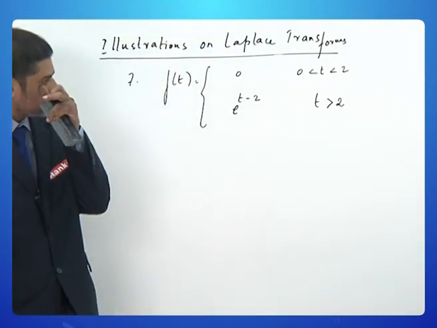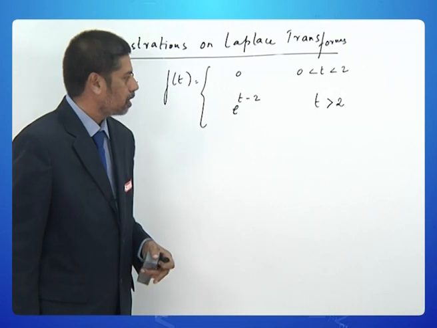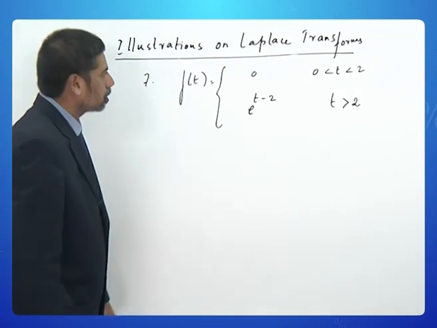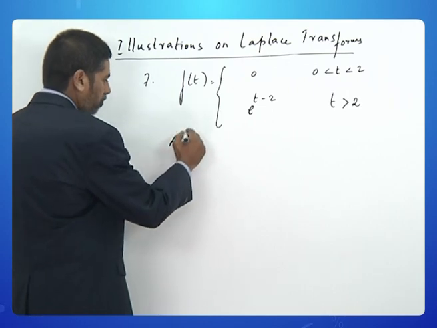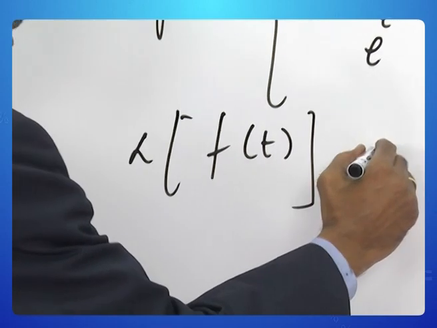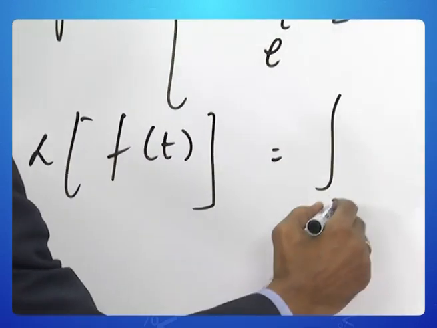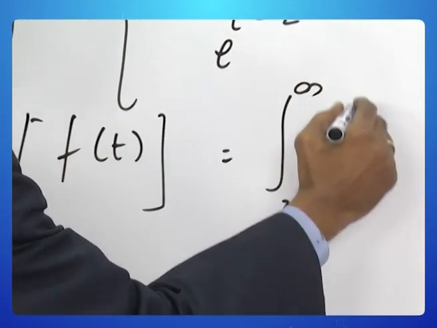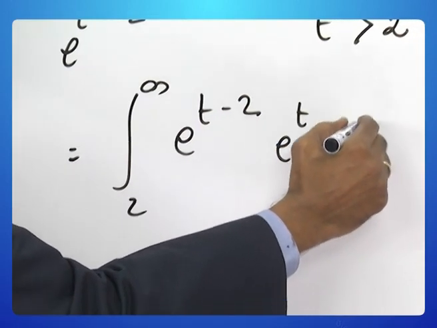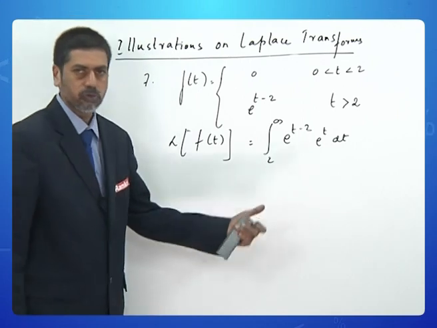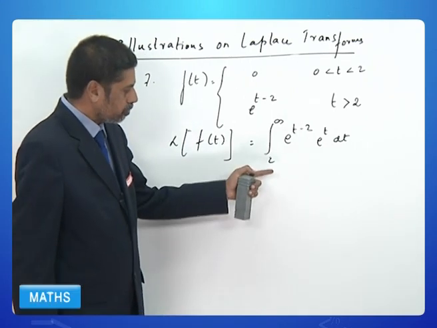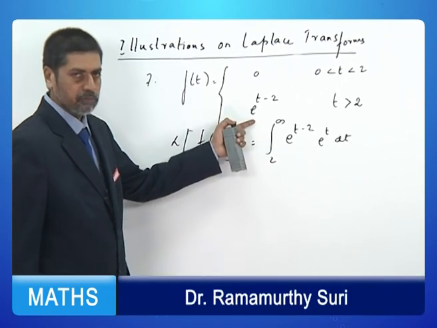So this is a function. Of course, it's continuous at t is equal to 2. So if you want the Laplace transform of this, you can integrate from 2 to infinity e power t minus 2 e power t dt. I've used only the definition, and to integrate this, it is better you make the limits 0 to infinity. That becomes convenient.